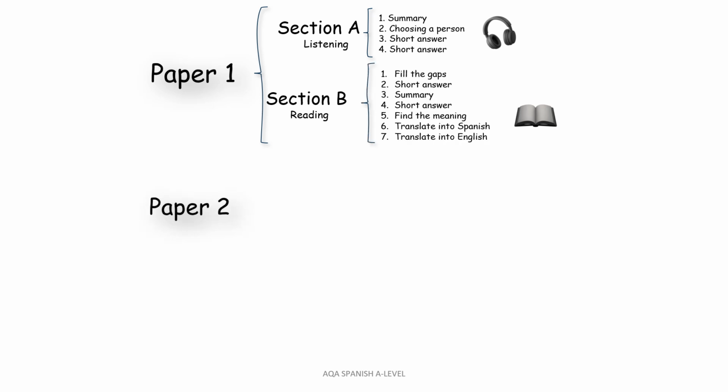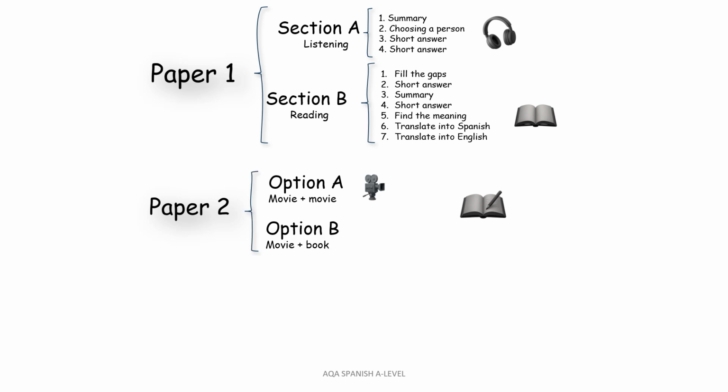Paper 2 is writing, where you have two options, option A and option B. In option A, you can pick two questions about two different movies, and option B, where you need to pick one question about one movie and one book.